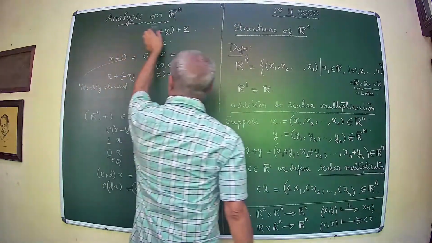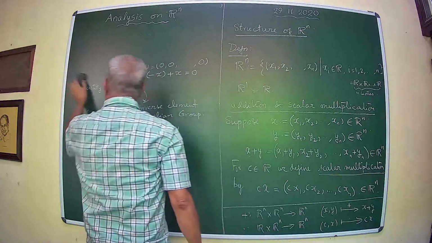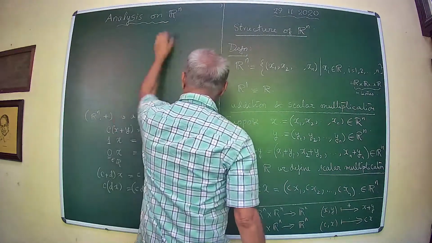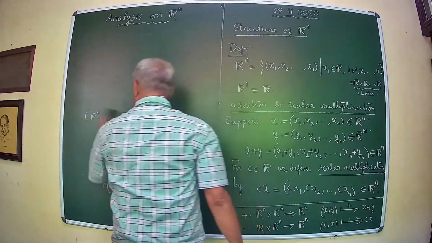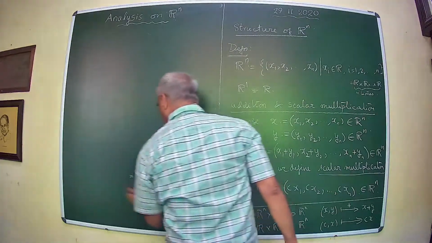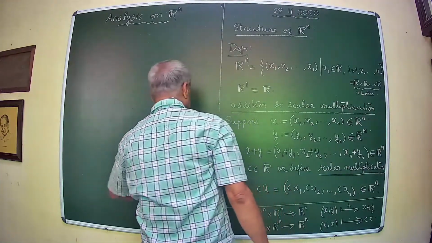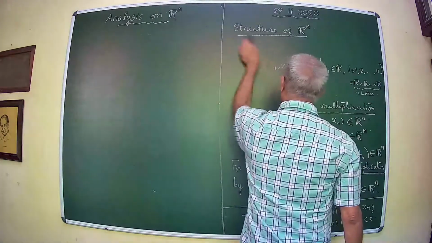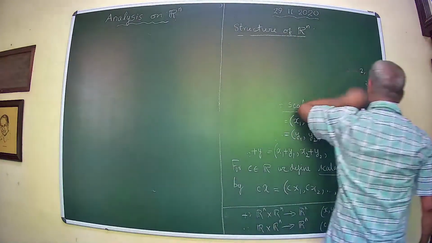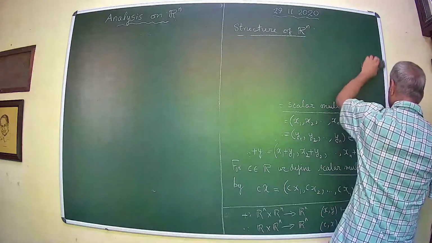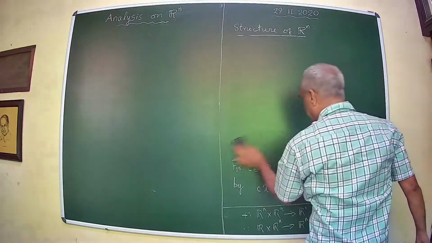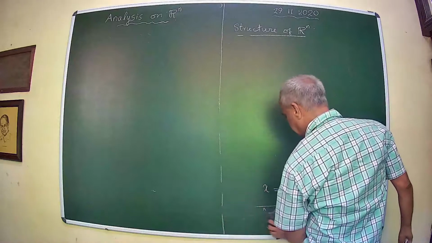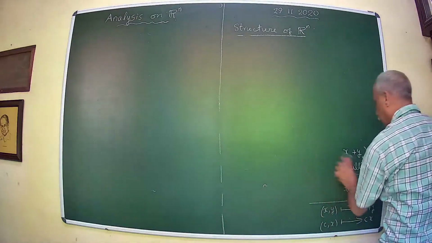So Rn over R is a vector space, and the whole model is R2 or R3, where you test the ideas to understand what's going on clearly, because you can geometrically conceive those spaces easily and then work on them.